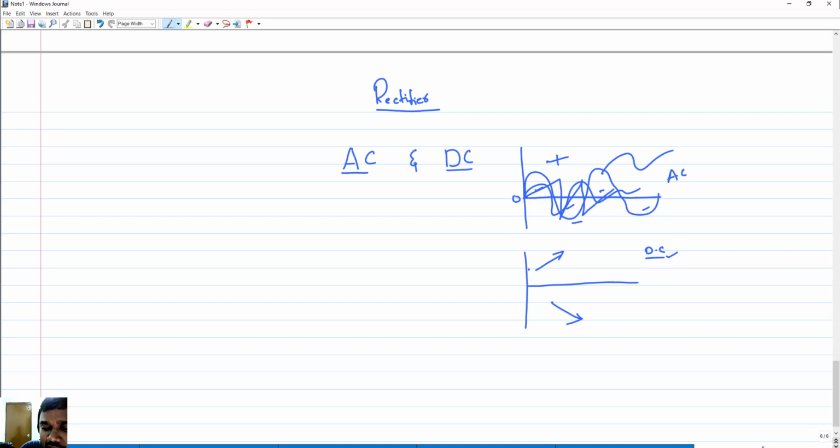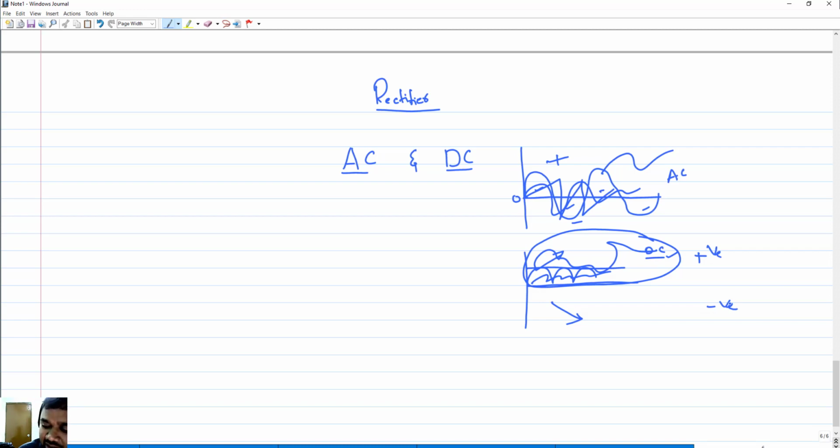It need not be like this, it may be like this, or like this. That means with respect to time, it is either completely positive or negative but not both, then this type of signal is called a direct current signal.